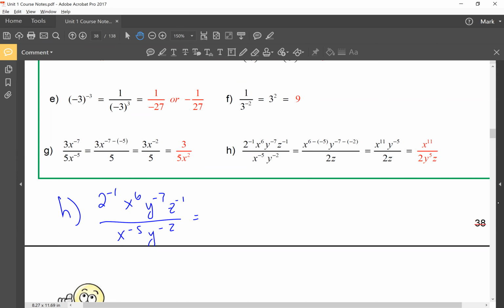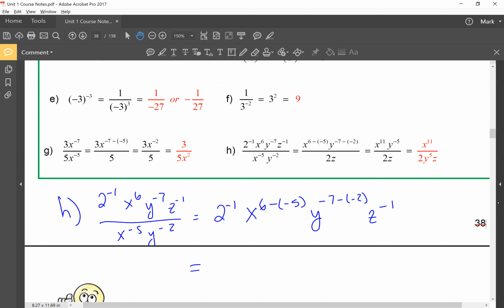So let's write it like this. 2 to the -1. Now I'm going to solve my x. The x is going to be 6 minus a -5. My y is going to be -7 minus -2. Again, guys, you can use your calculators for this. And then z is just z to the -1.